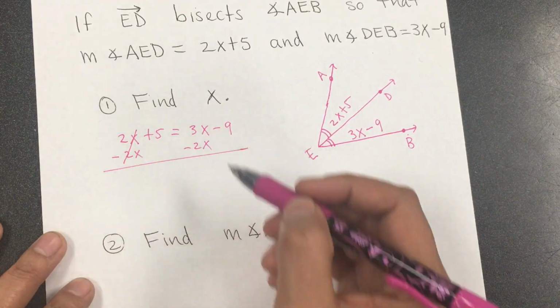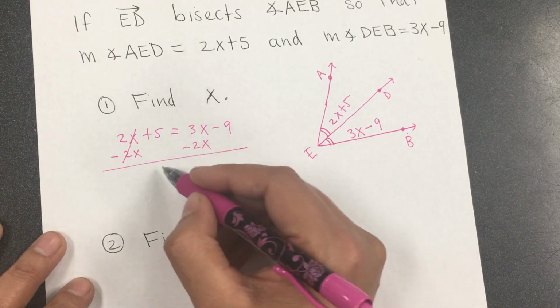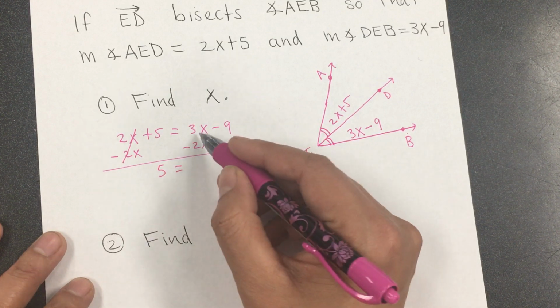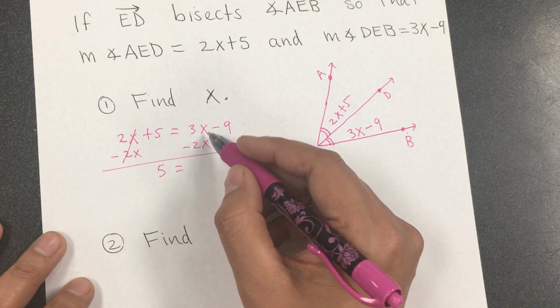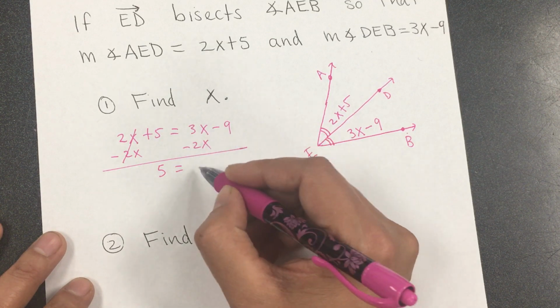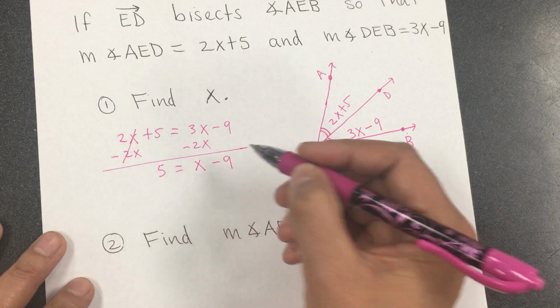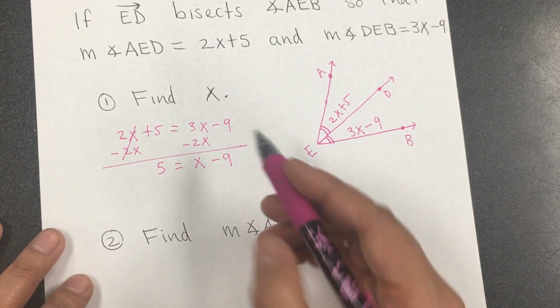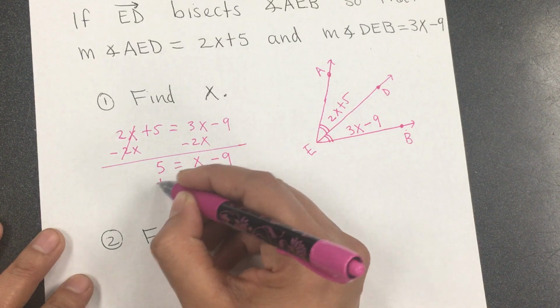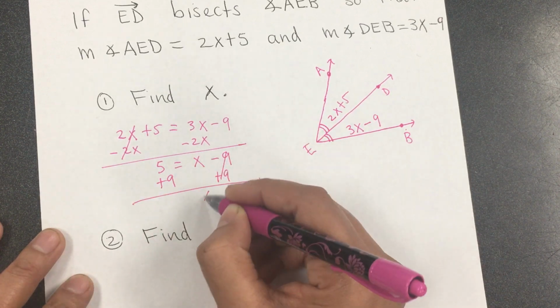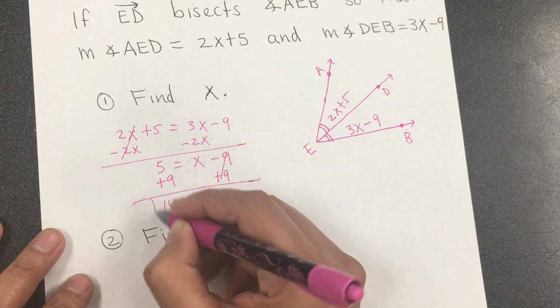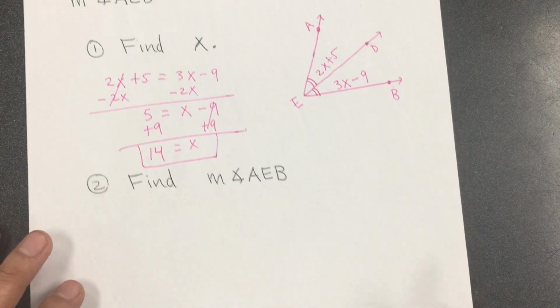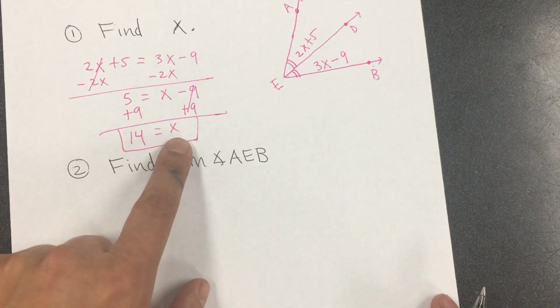And so I subtract 2x from this side and I get 0, so I just get the 5. I subtract also 2x on this side, so 3x minus 2x is x minus 9. Now to leave x by itself, I'm going to add 9 to both sides, and x equals 14. So that's the value of x.